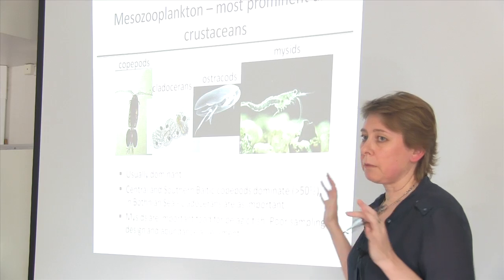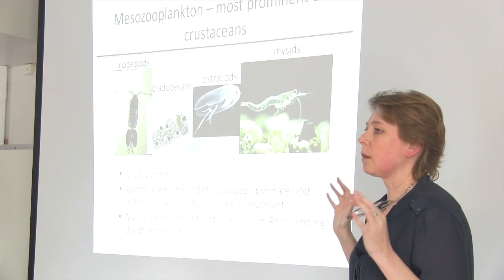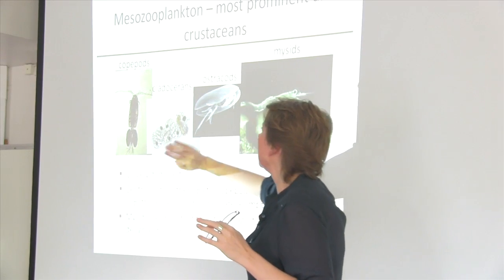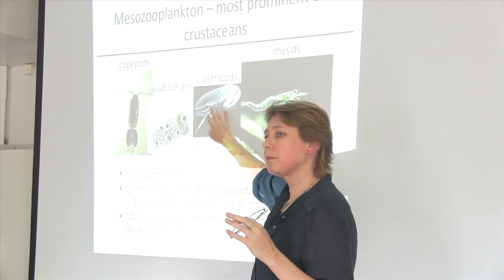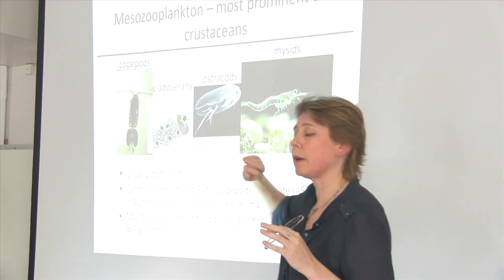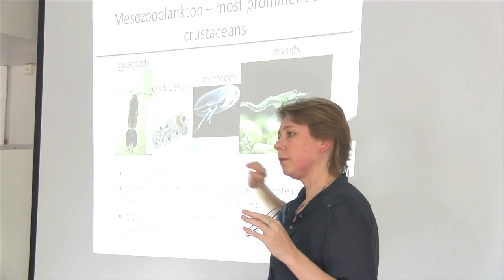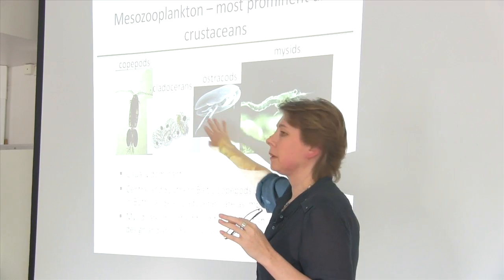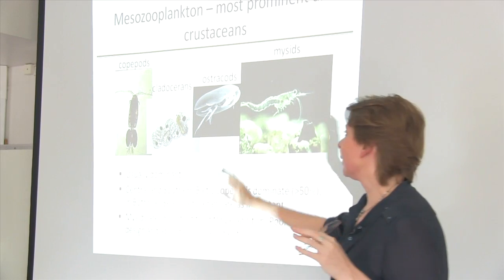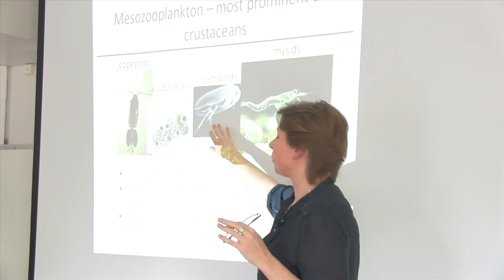Mesozooplankton, those are the most prominent, most studied, and most referred to as zooplankton. Copepods, cladocerans, Evadne, ostracods could be present in zooplankton samples as well, although not that frequently. They are more common in the Bothnian Bay and in the southern Baltic than in the Baltic proper.